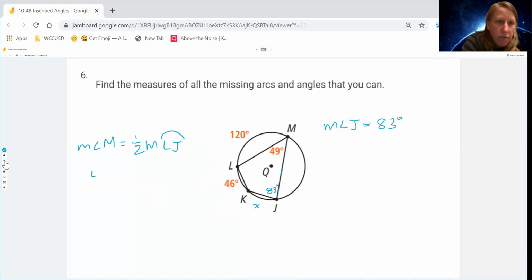So I know that 49, because I already knew that the measure of angle M was 49, is going to be half of, arc addition postulate, it's going to be half of 46 plus some number. I think I just tried to make this really hard, but I think this is fun. Let's try it. So I think the first thing I'll do is just double it. 49 times 2. That's 98.